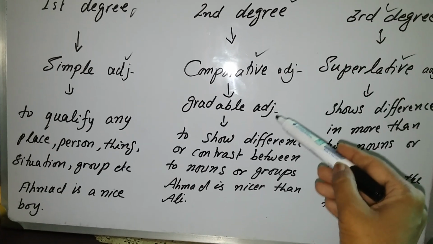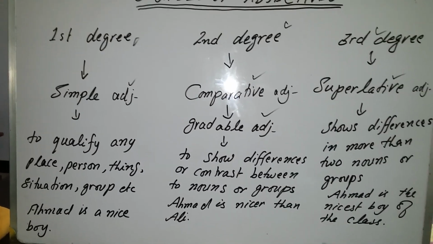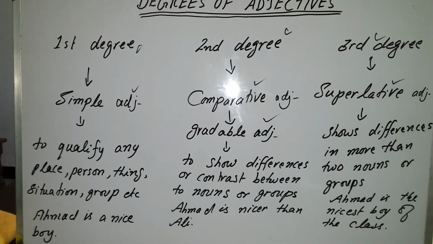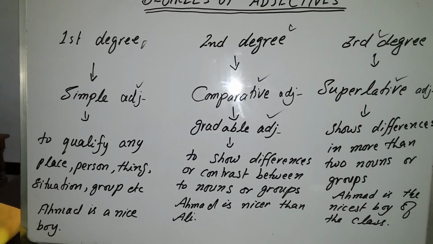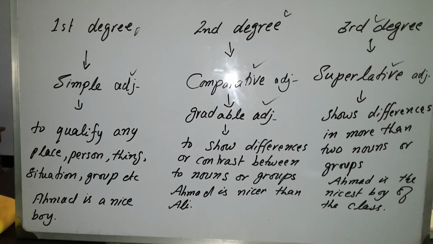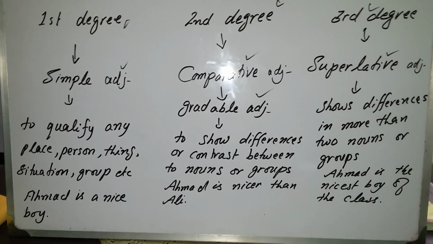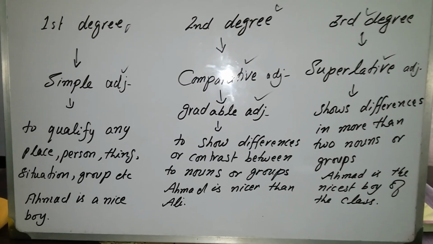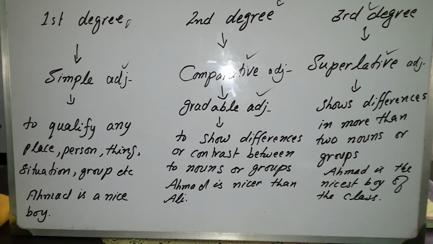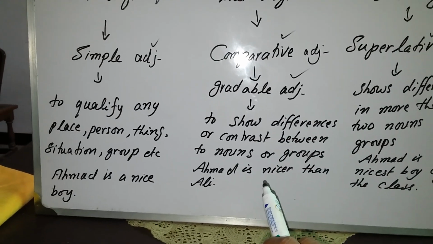The second degree is also called gradable adjective. So there are 3 degrees of adjectives which we use in our language to qualify any noun or pronoun: simple adjective, comparative adjective, and superlative adjective. And the comparative adjective is also called gradable adjective as well.